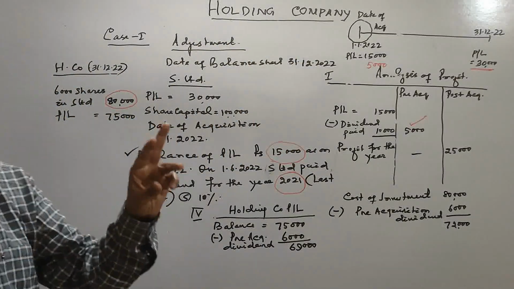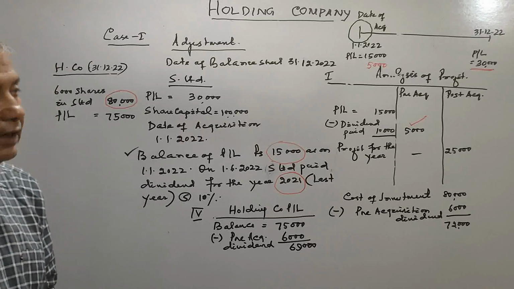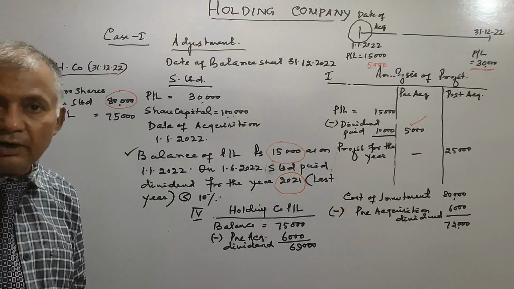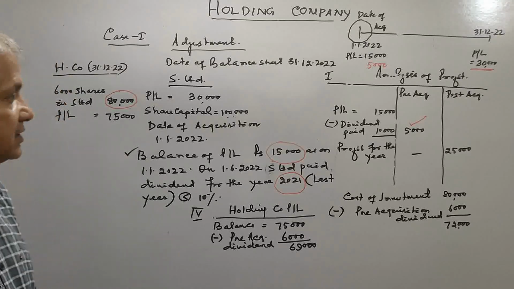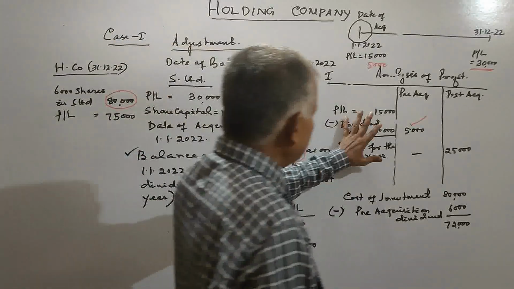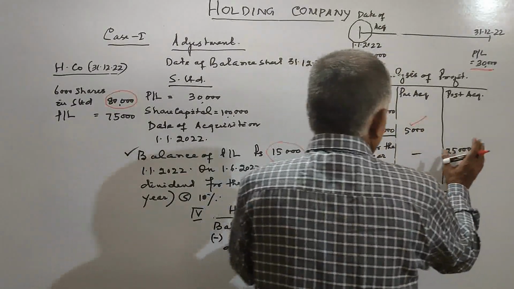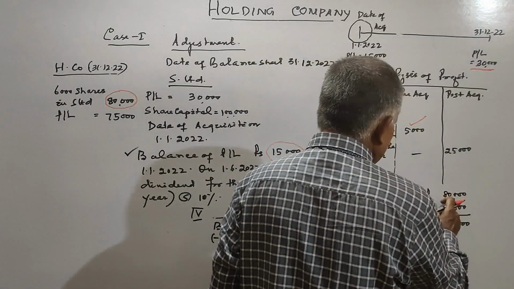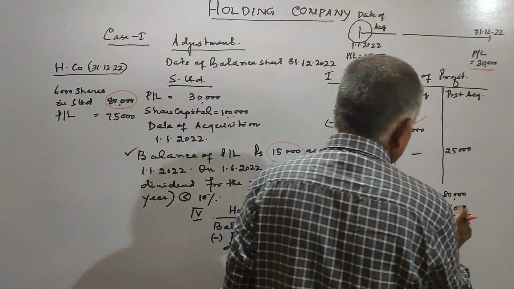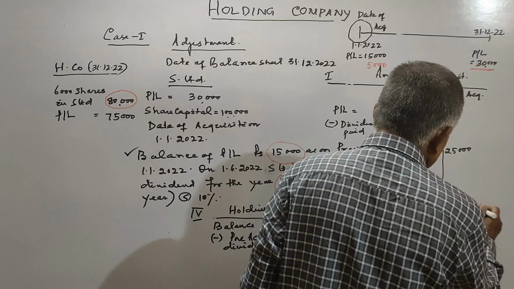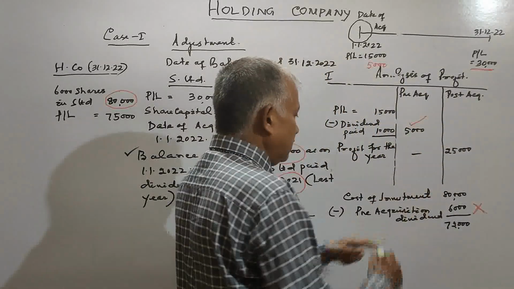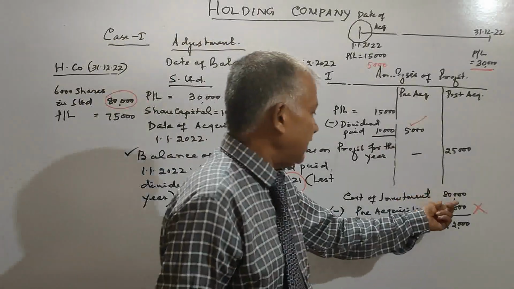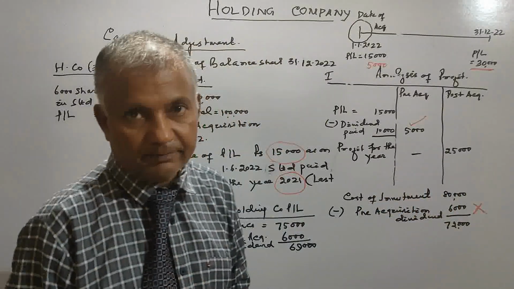Friends, there are two cases. One, the entry has been correctly made by the holding company. In such a case, you need not do anything, and the cost of investment will be 80,000. The pre-acquisition dividend is not to be deducted because it has already been deducted. After the 6,000 credit, 80,000 is given.